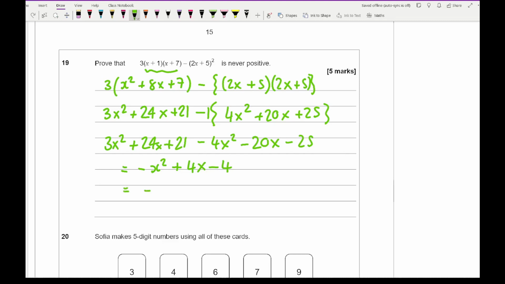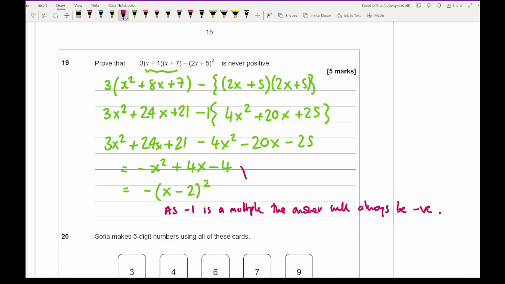From this I could do a bit of factorising, in which I end up with minus (x minus 2) squared. So as you can see here, as minus 1 is a multiple, the answer will always be negative.